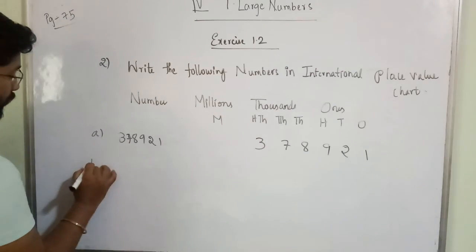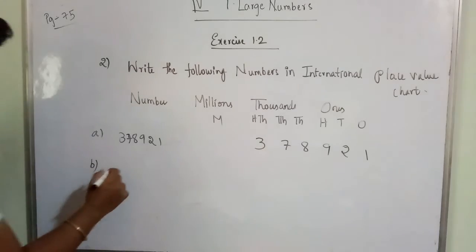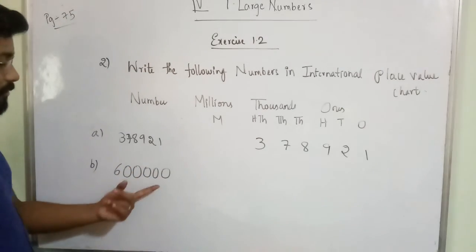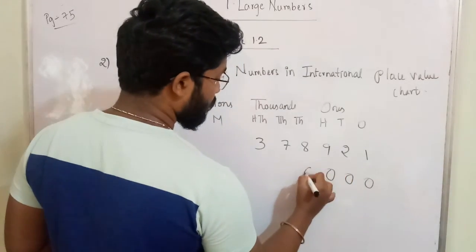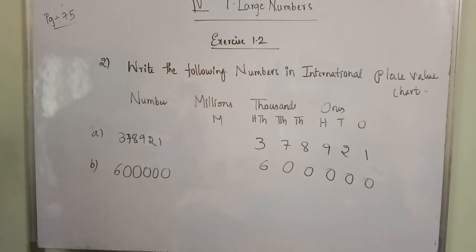So like that you have to arrange. Okay, 60000. Start from here, 0 0 0 0 0 6. Like that you have to fill.